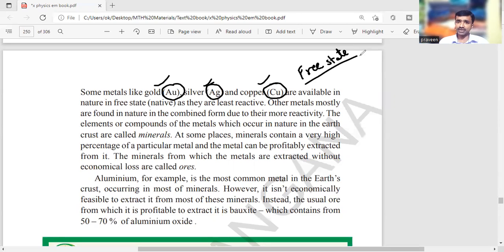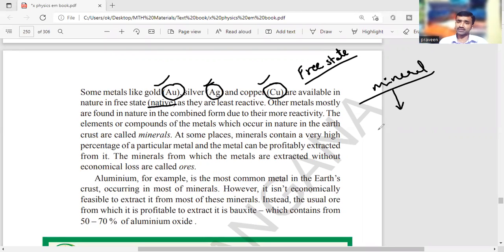Free state means they are not combined with the others. These are the metals which are available in the free state in the soil. So they cannot give you many salts, right?